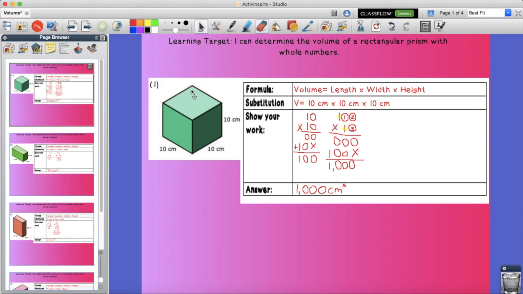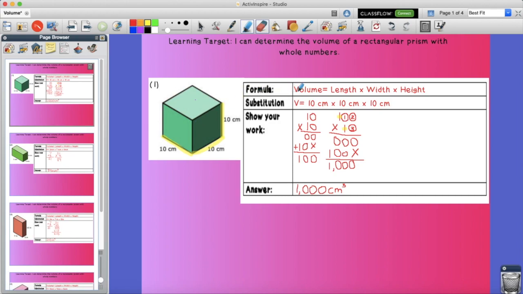Now let's look at the first practice problem. As we see over here, our length is 10 centimeters, our width is 10 centimeters, and our height is 10 centimeters. All 3 dimensions are 10 centimeters, which makes this a cube. A cube is made up of squares, which have all equal sides.